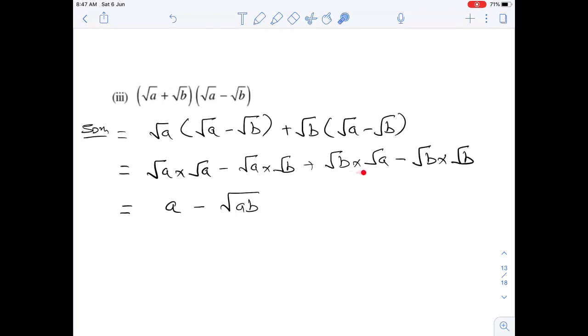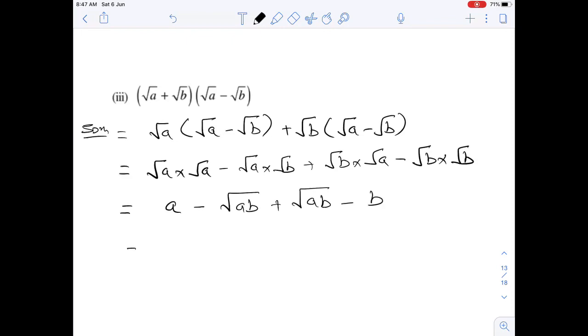Similarly, these two numbers have multiplication between them and the same root, so we can write that one also as plus under root ab. Then minus, again, when two numbers with the same root and same base are multiplied, we write the base as it is. Is it clear?